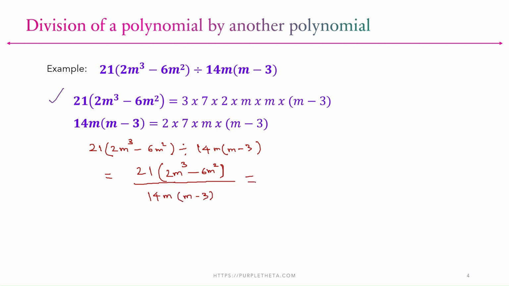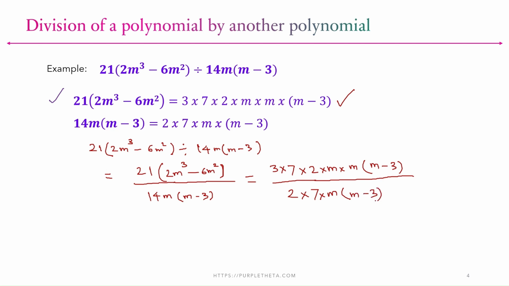And this is equal to, we have just seen 21 multiplied by 2m cube minus 6m square is this. I will write it down, 3 multiplied by 7 multiplied by 2 multiplied by m, and in a bracket we have m minus 3, right? And at the denominator's place we have 2 multiplied by 7, that is 14, multiplied by m and in a bracket m minus 3, right?